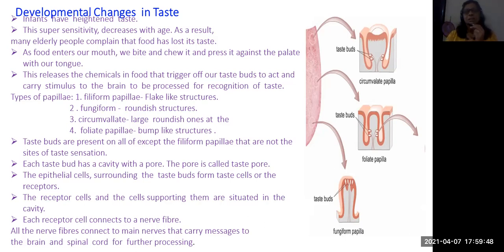And developmental changes in taste. What changes will we get in taste? You can see here there are different taste buds, isn't it? Which show circumvallate papillae, these are foliate papillae, these are fungiform papillae. Each and every papilla will give its specific taste.